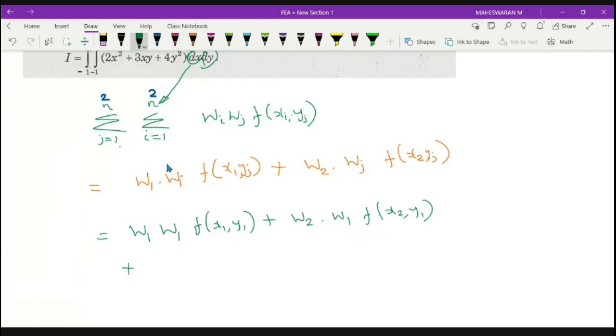Plus second term, w1, for j now 2, w2 f of x1 comma y2, plus w2 into w2 f of x2 comma y2. Okay, this is my summation. Any doubt on this?